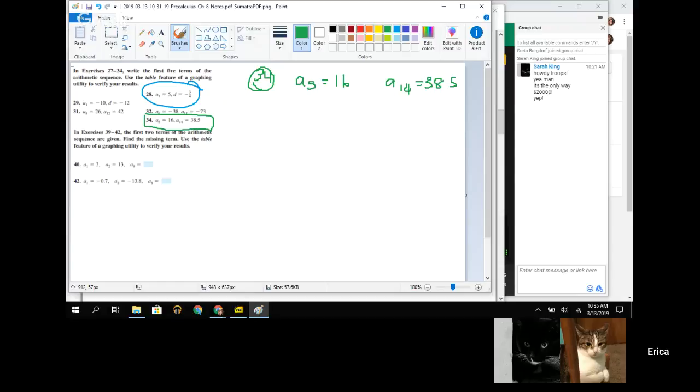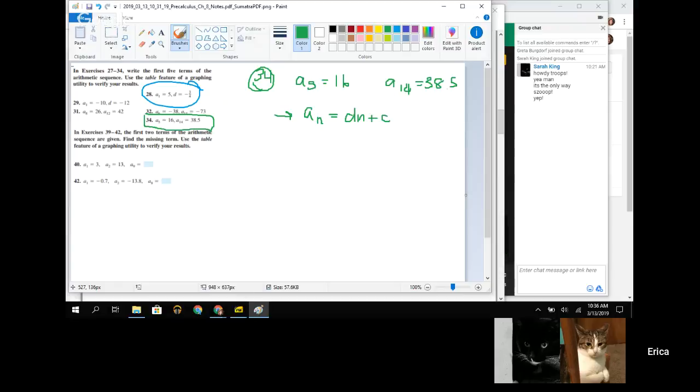Okay, so I'm going to go back to this, a sub n equals the common difference times n plus c. I'm going to figure out this equation for the sequence, and then use that to solve the first 5 terms.